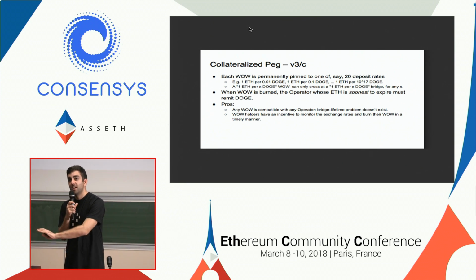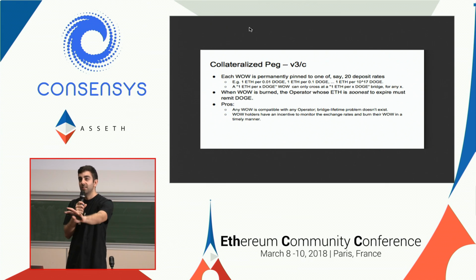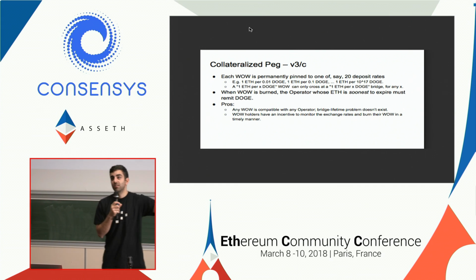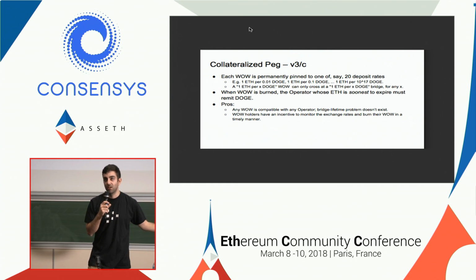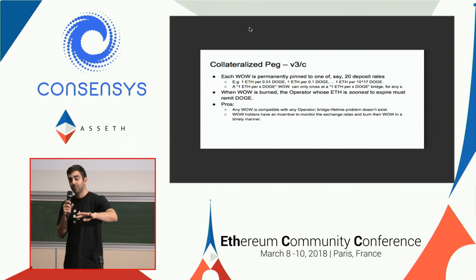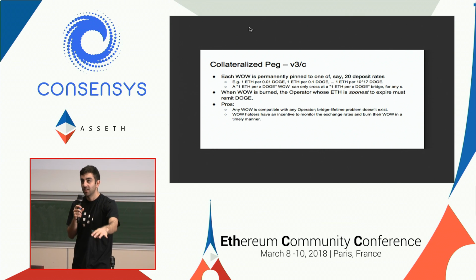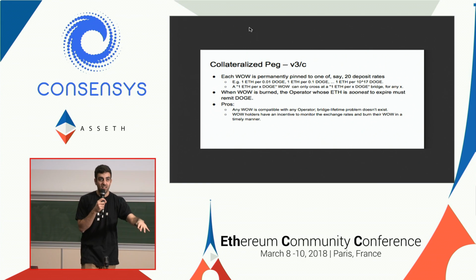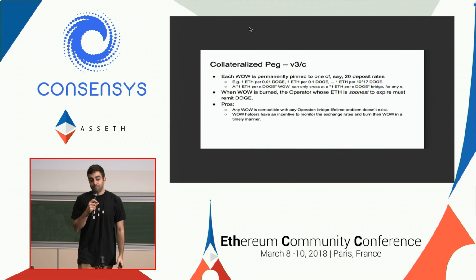So if they have a WOW that's collateralized by ETH at a 1 to 0.1 ratio, they know that if the exchange rate changes beyond this, the operator won't return their coins anymore. They'll just take the UTXO. And what that means is that all of the WOW minted at this exchange rate basically becomes useless. So it's similar to that original design. It's non-fungible between these different tiers of exchange rates, but it's fungible within the tiers.